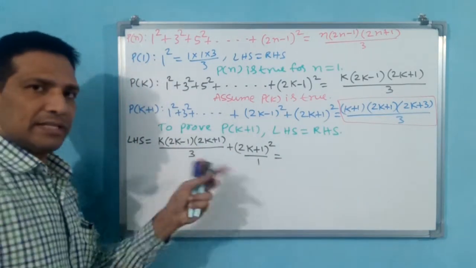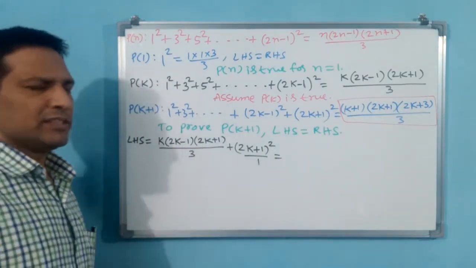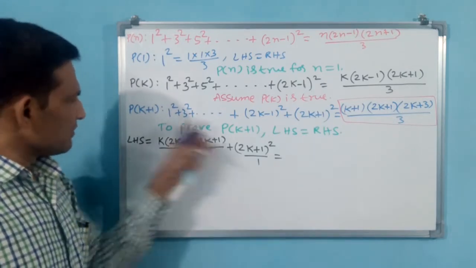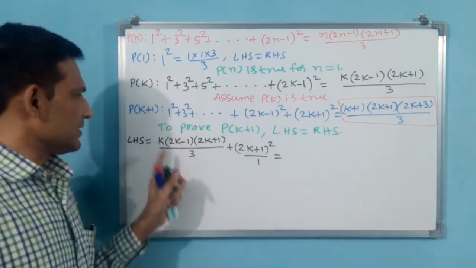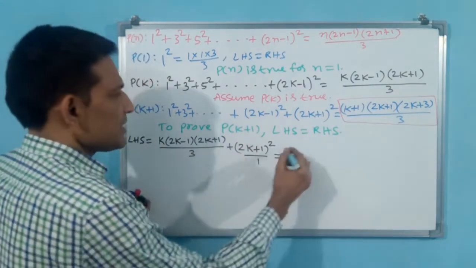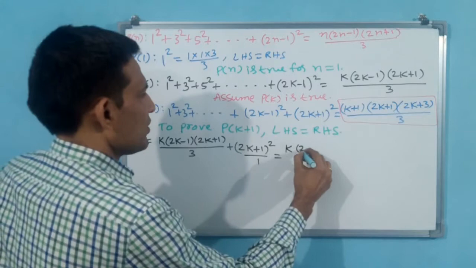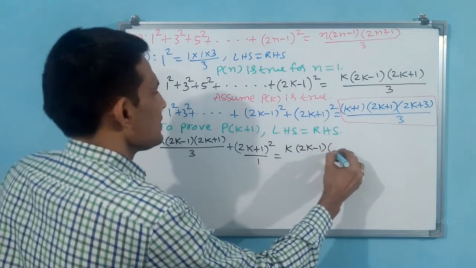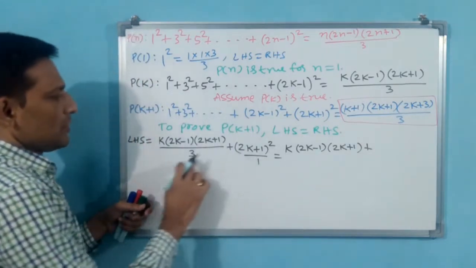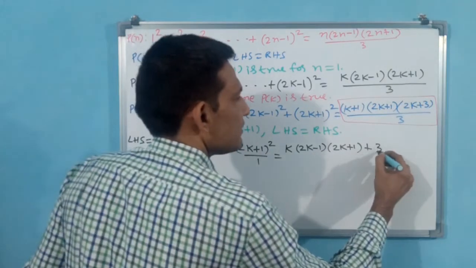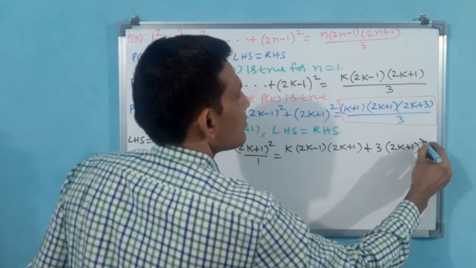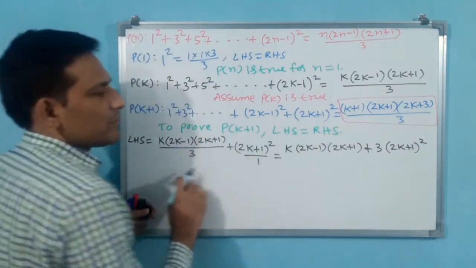Why? Because if you take it, then LCM or cross multiplication, anything you can do. Now you see, cross multiplication only you do. 1 into this thing, 3 into this thing. Write down: 1 into this means simply you copy this: k into 2k minus 1 into 2k plus 1, plus 3 into this one, 3 into 2k plus 1 whole square, divided by 3 into 1.